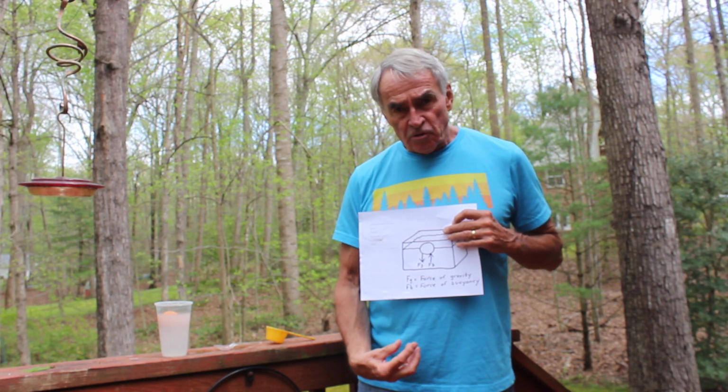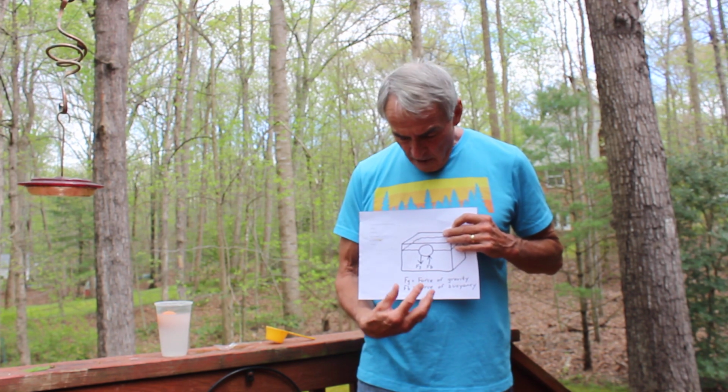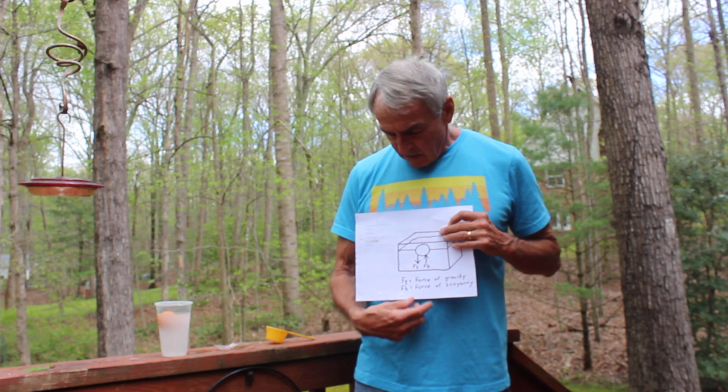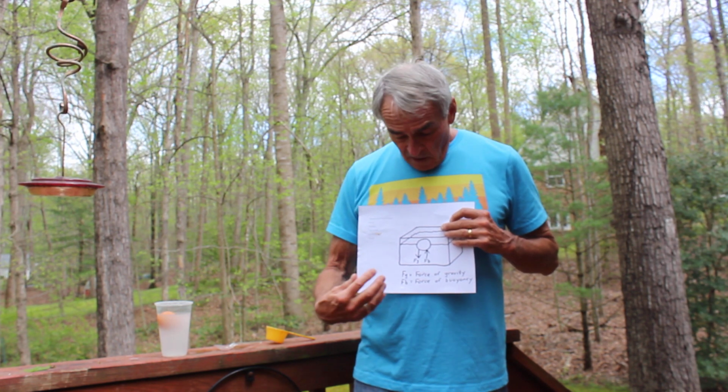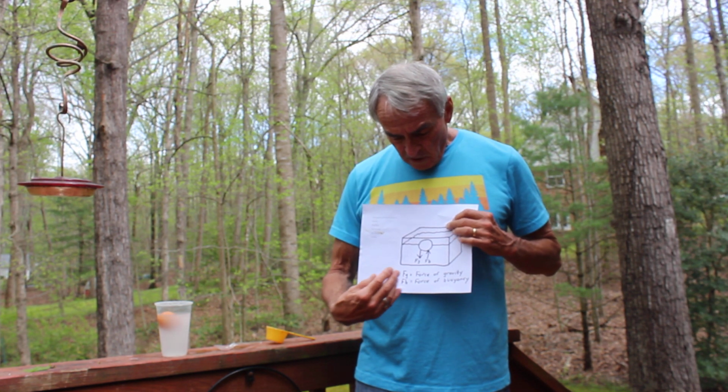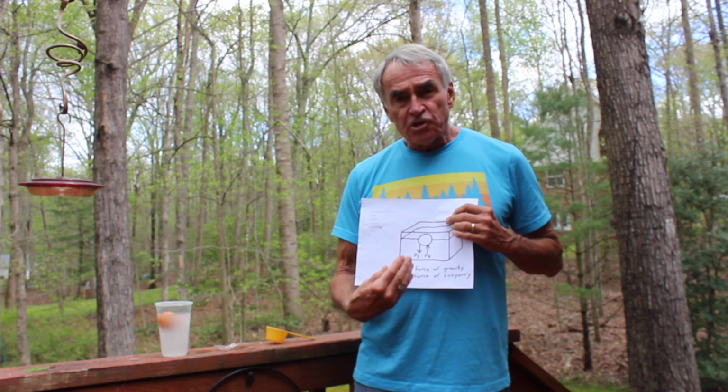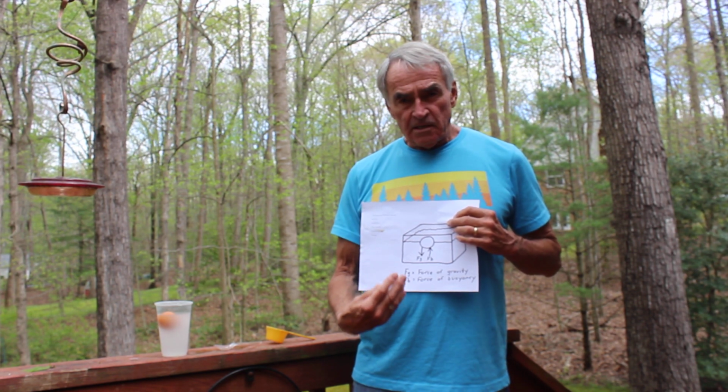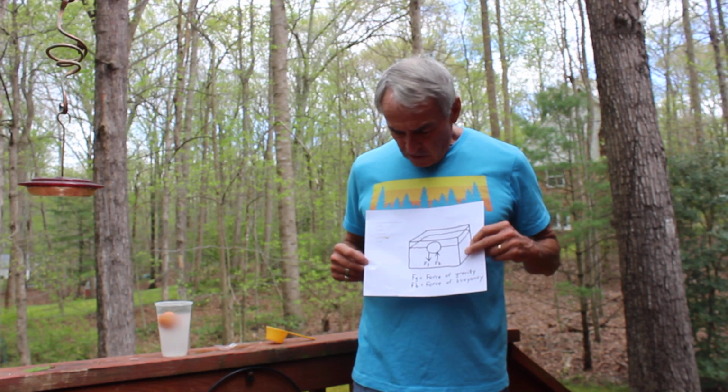Therefore, it's pulling down stronger than the force of buoyancy is pushing up, and the egg sinks. When you add the salt, then the force of buoyancy of salt water is stronger than the force of gravity. So it floats to the top.